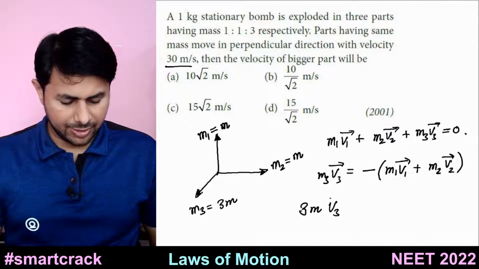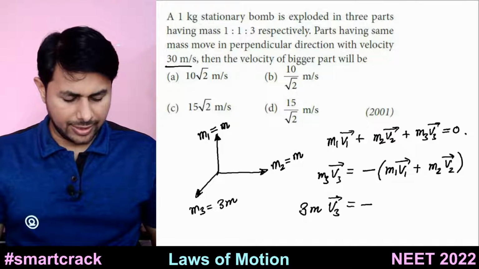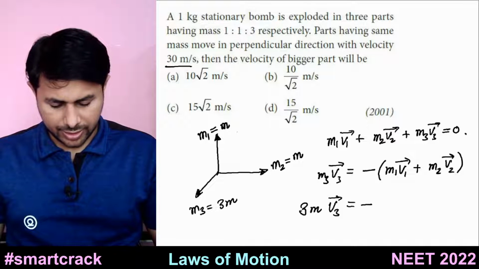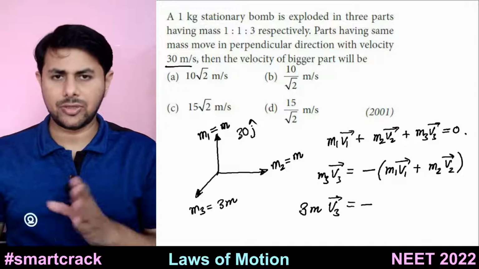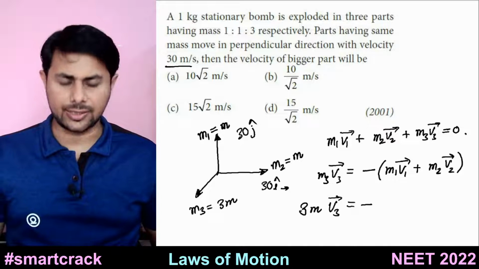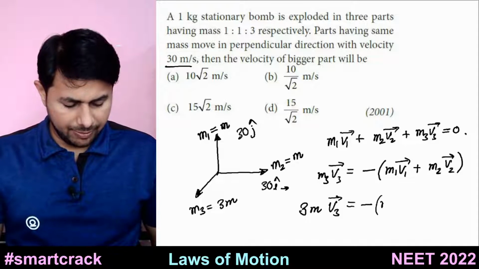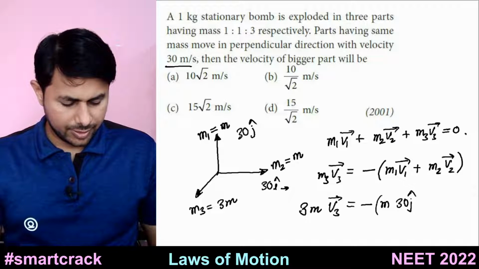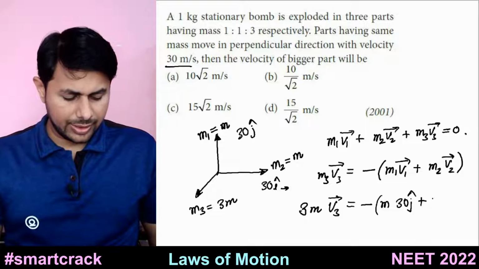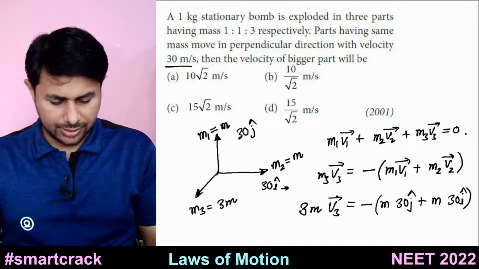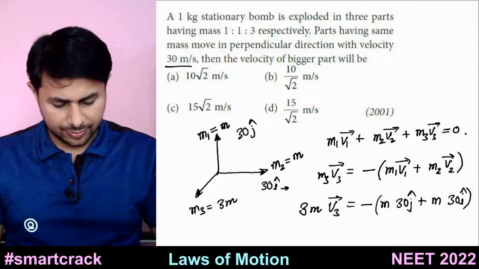So we have 3 times m into v3 equals minus of, v1 is 30 j cap because it's going along y-axis, and v2 is 30 i cap, it's going along x-axis. So it is m times 30 j cap plus m times 30 i cap, it's moving along x-axis, right?